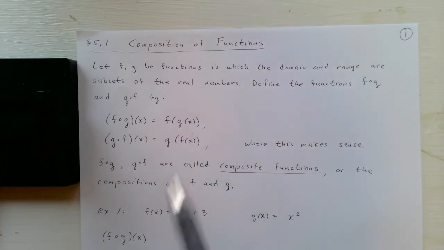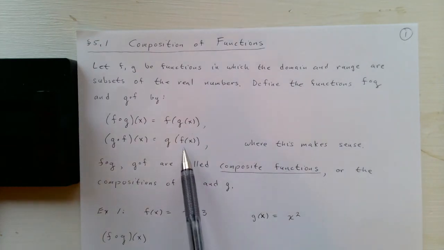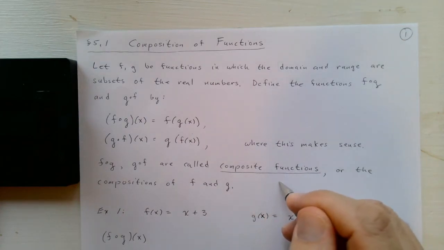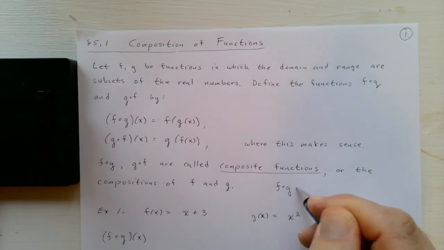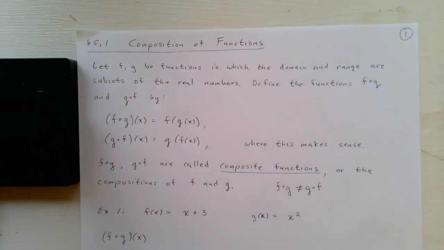I want to emphasize, obviously, you can't plug something that's undefined into a function, so in particular, f of x and g of x have to be defined. These are called composite functions, or the compositions of f and g, and almost always f circle g is not equal to g circle f. We're composing functions, we are not multiplying them.